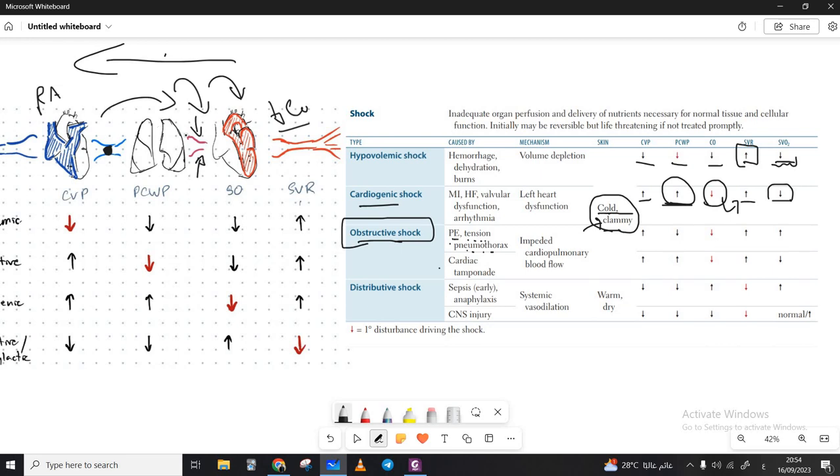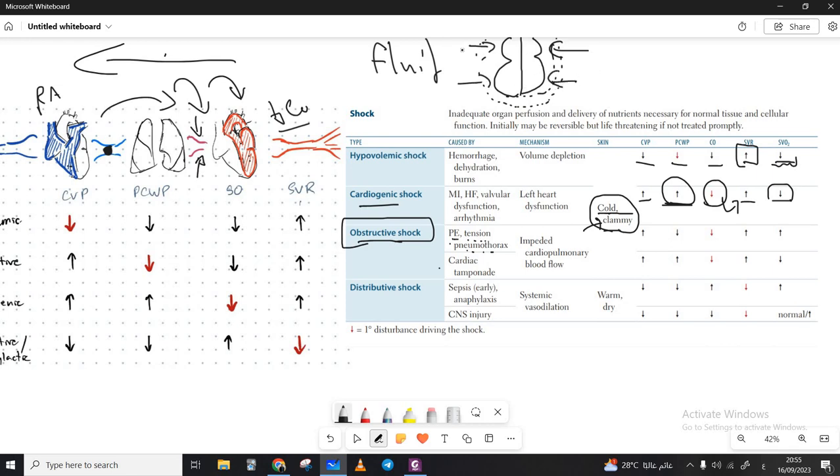Also, cardiac tamponade. Cardiac tamponade means you have a pericardial effusion, or some fluid around the heart. This is the right atrium, right ventricle, left atrium, left ventricle, and this is the septum in between. And this is the pericardium here. So in cardiac tamponade, you have a lot of fluid outside, and this fluid is pushing on all the chambers of the heart.